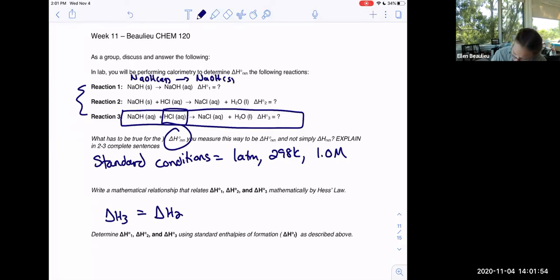Is that what I'm hearing, Alex? I'm guessing. Okay. So what happens when I do that? That solid is going to go away. I'm going to have aqueous sodium hydroxide. And then I have sodium chloride and water from reaction 2. Does everybody see that?